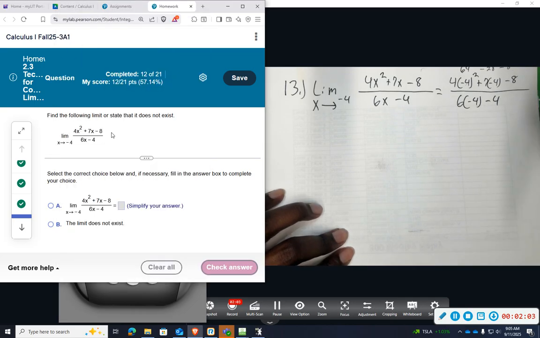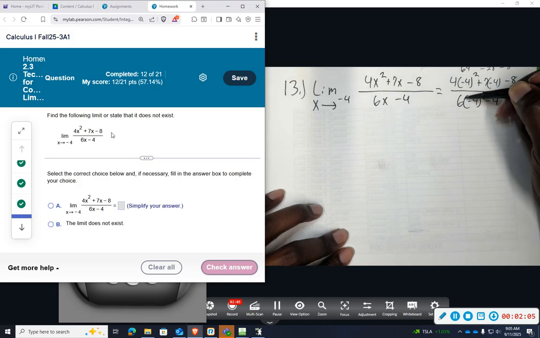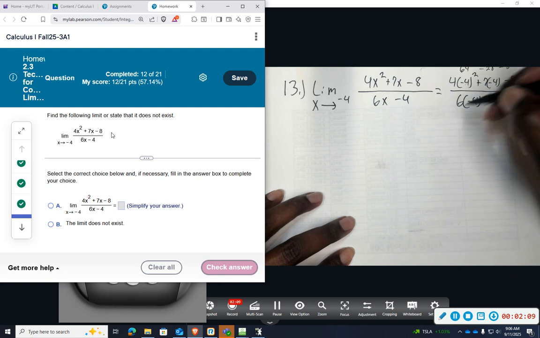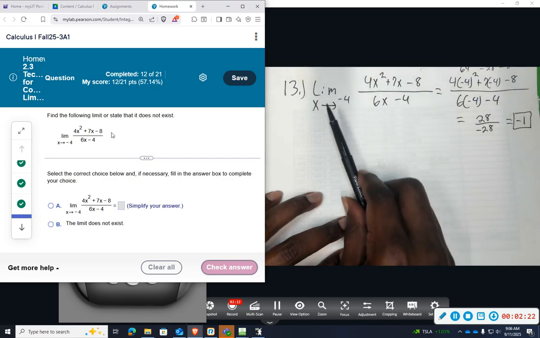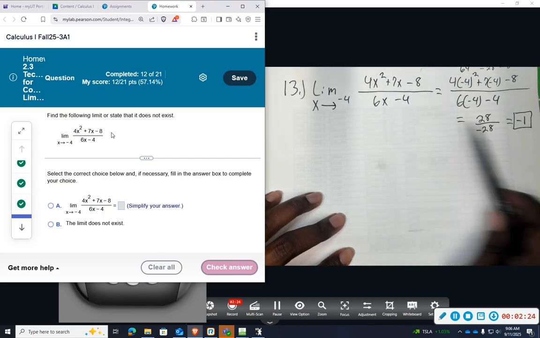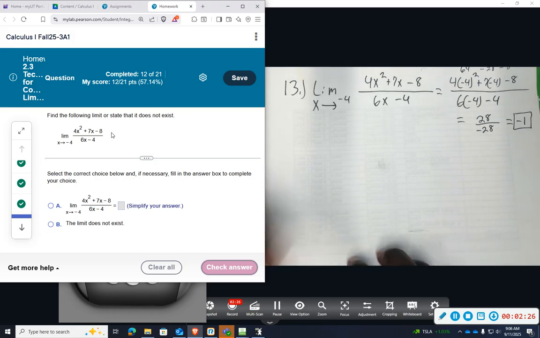So we have a positive 28 on top, and on the bottom, 6 times -4 will give us a -24, minus 4 will give us a -28. So we end up with 28 positive on top, -28 on the bottom. When you divide, we get a -1. So we would say that the limit of this function as x approaches -4 is going to -1.